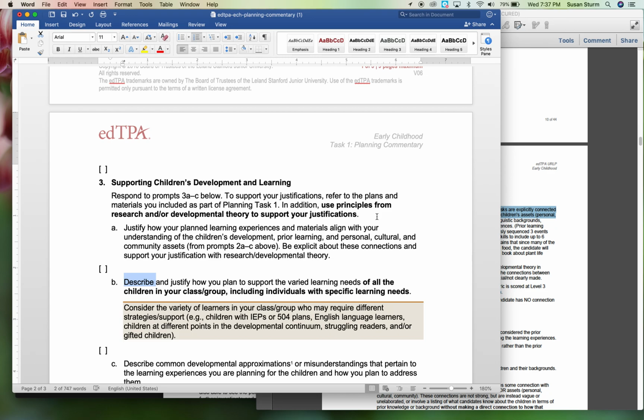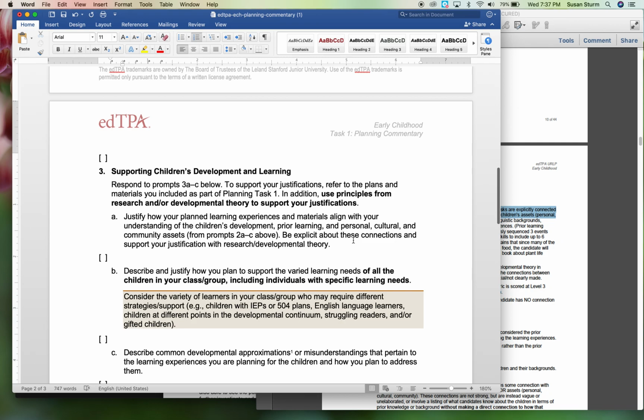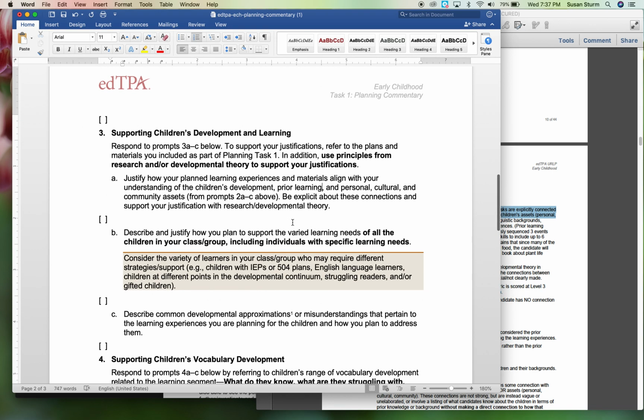So part A, justify how your planned learning experiences and materials align with your understanding of the children's development, of their prior learning, and of their personal, cultural and community assets that you just listed above. Be explicit about these connections and support your justification with research and theory. Okay, so this one is multi-parted.